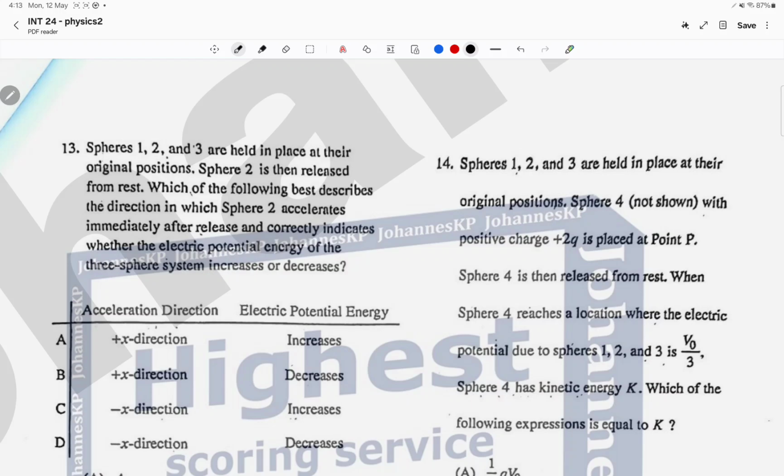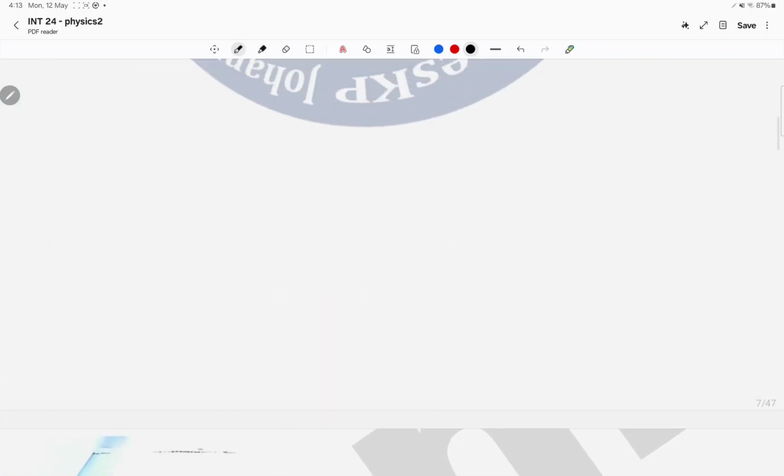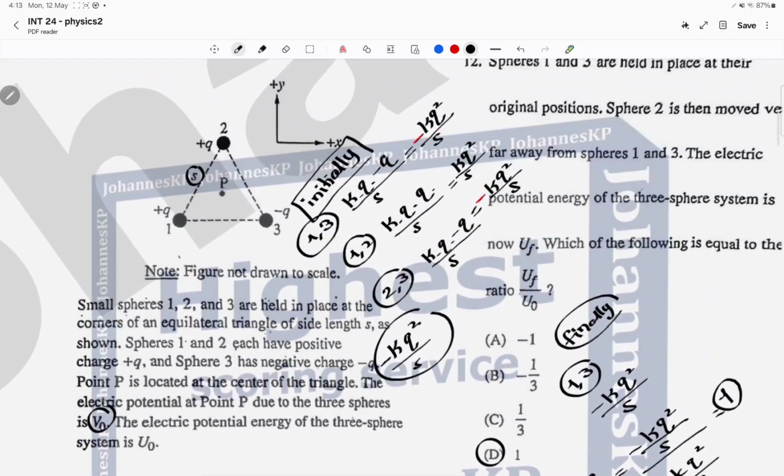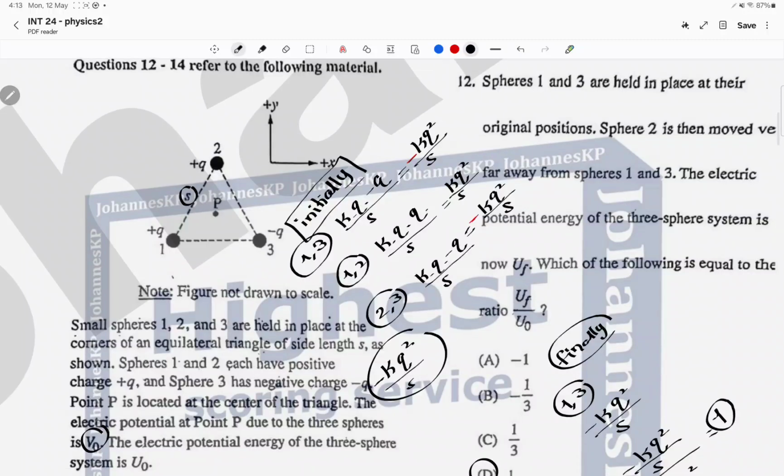Spheres 1, 2, and 3 are held in place at the original positions. Sphere 2 is then released from rest. So look, 2 is going to be released from rest, right?